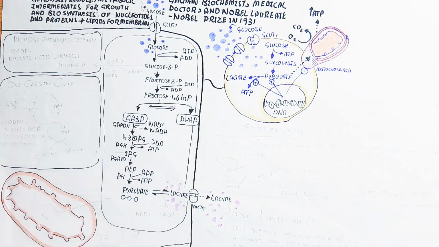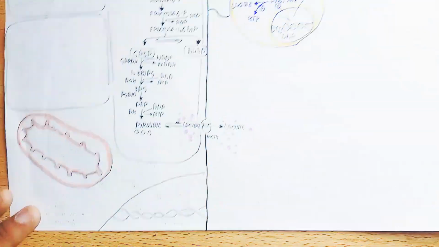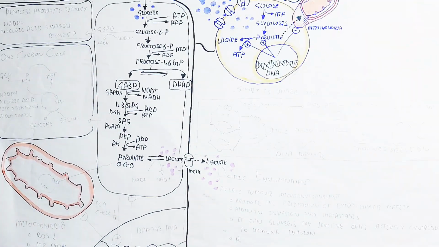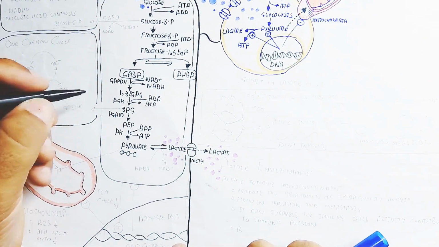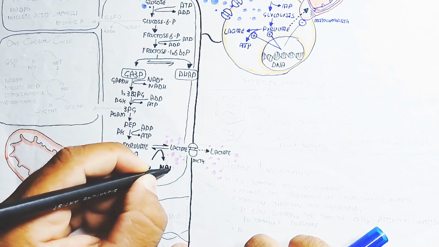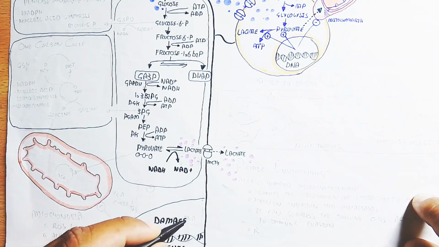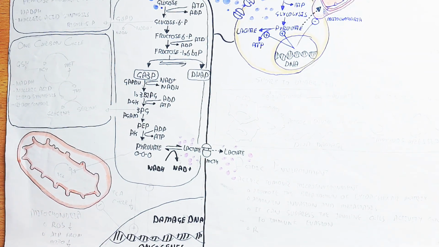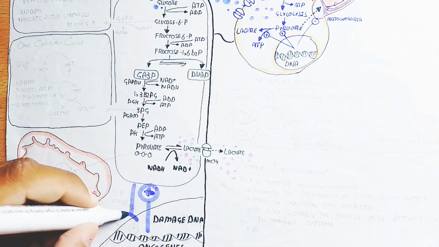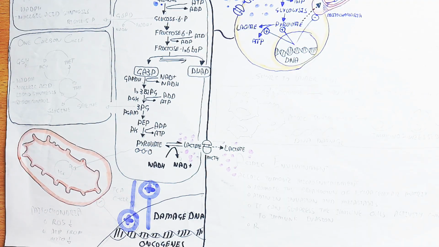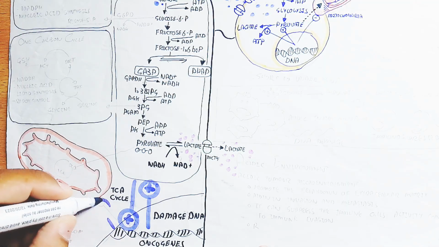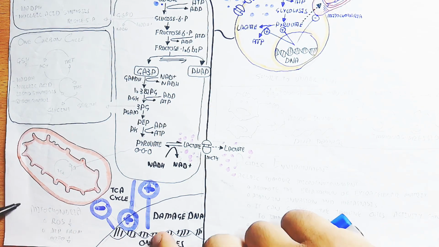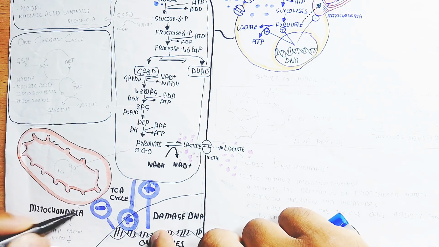So in the presence of oxygen, lactate is produced, even though normally lactate is produced during the absence or lack of oxygen. The damaged DNA will progress more to glycolysis to produce important proteins and fats for synthesis of the cell membrane and maintenance, for example, the sustainability of the cell.